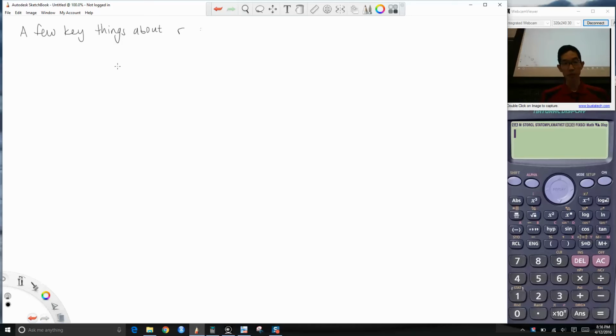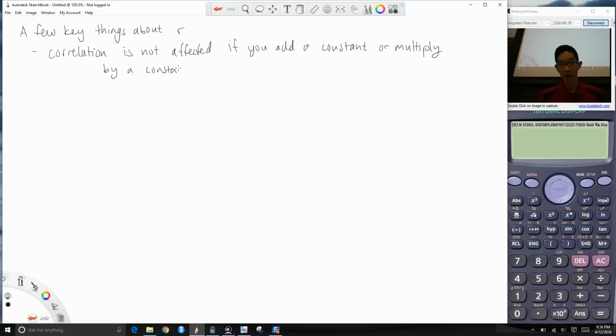The correlation. Okay, so correlation is not affected if you add a constant or multiply by a constant to the variables x and y.